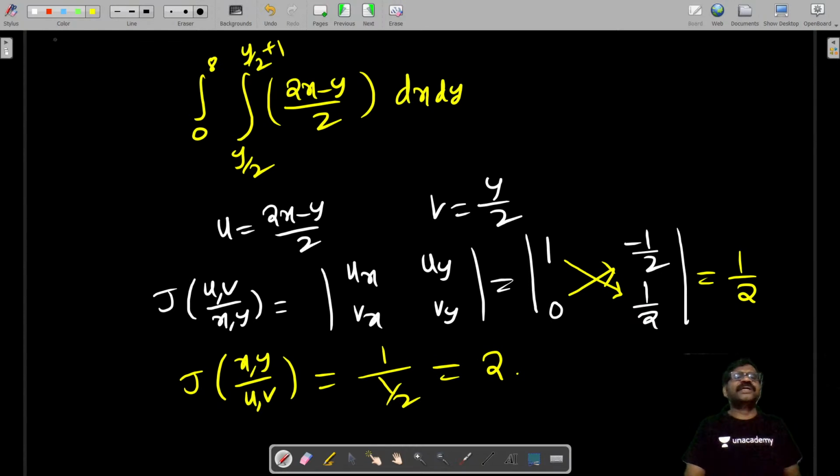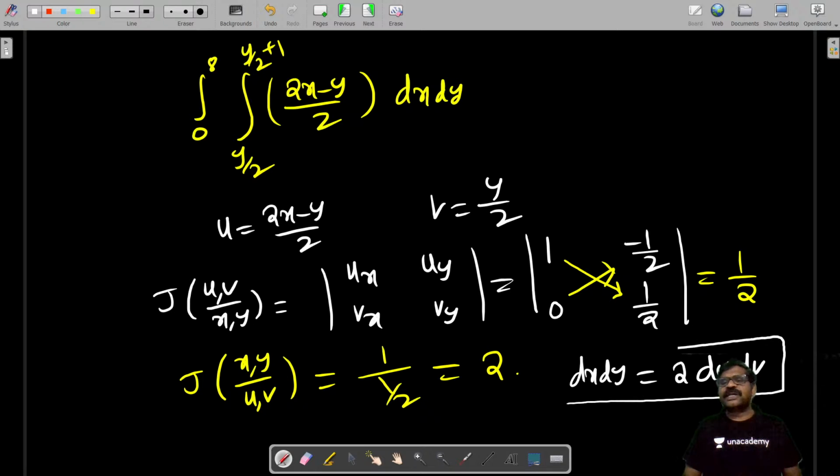Therefore, we can write dx dy in the form of 2 into du dv. By finding the Jacobian, we can understand this point. Here, this part dx dy, you can replace with 2 into du dv.